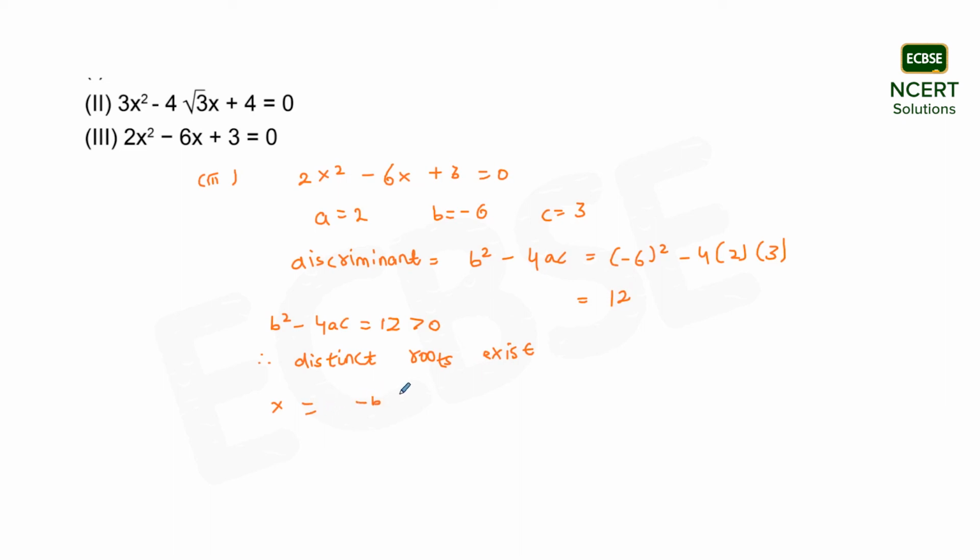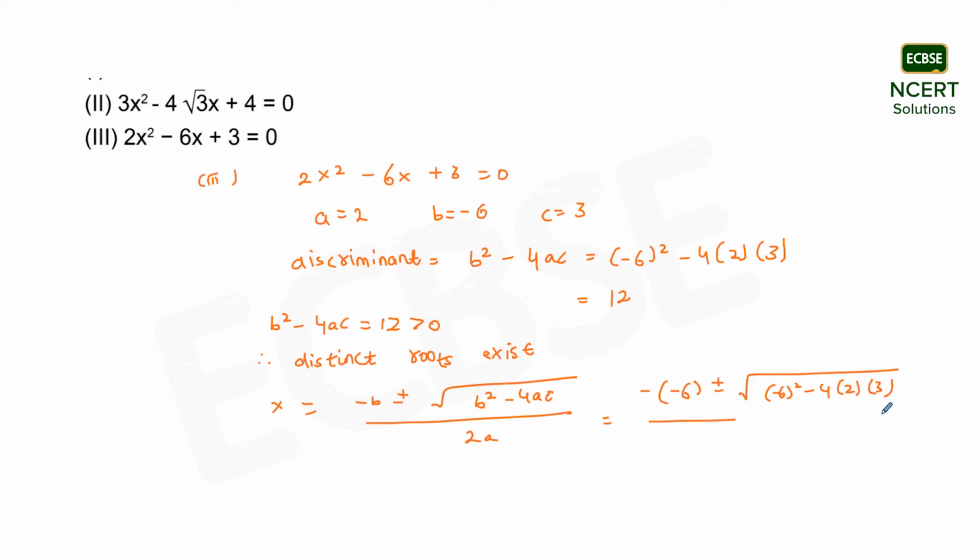What was that? Minus b plus minus root b square minus 4ac divided by 2a. Now substituting the values of a, b and c in this formula, it will be minus into minus 6 plus minus root (minus 6) square minus 4 into 2 into 3 divided by 2a, that is 2 into 2.